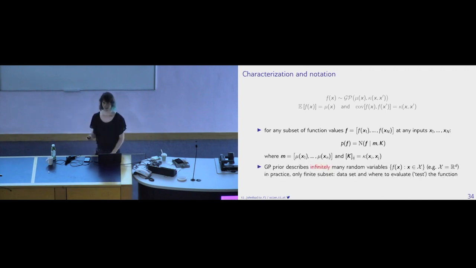But in practice, we only ever deal with a finite subset. The mathematical object is infinite, but our training data sets are finite, the points on which we can make predictions are finite, and the points I can put on the screen are finite. So we can actually deal with just these finite dimensional subsets.